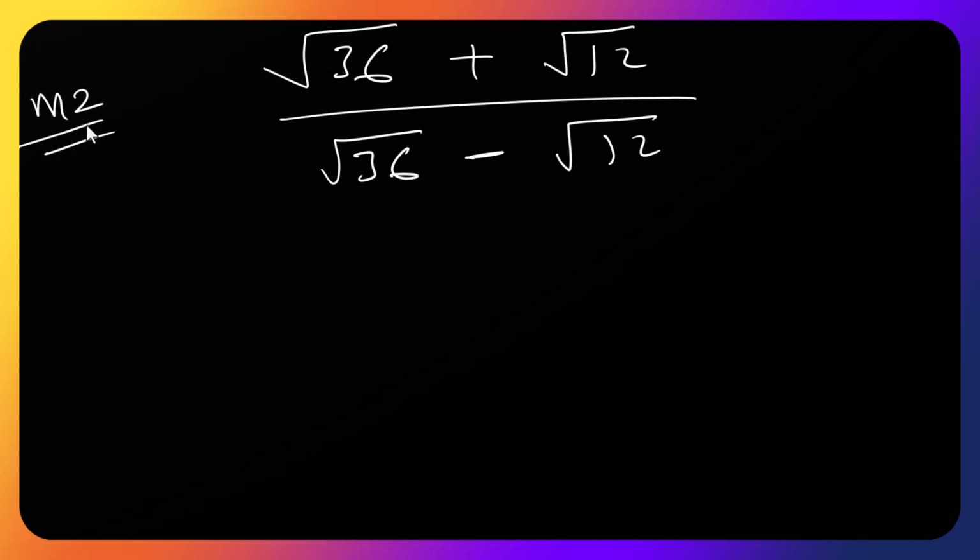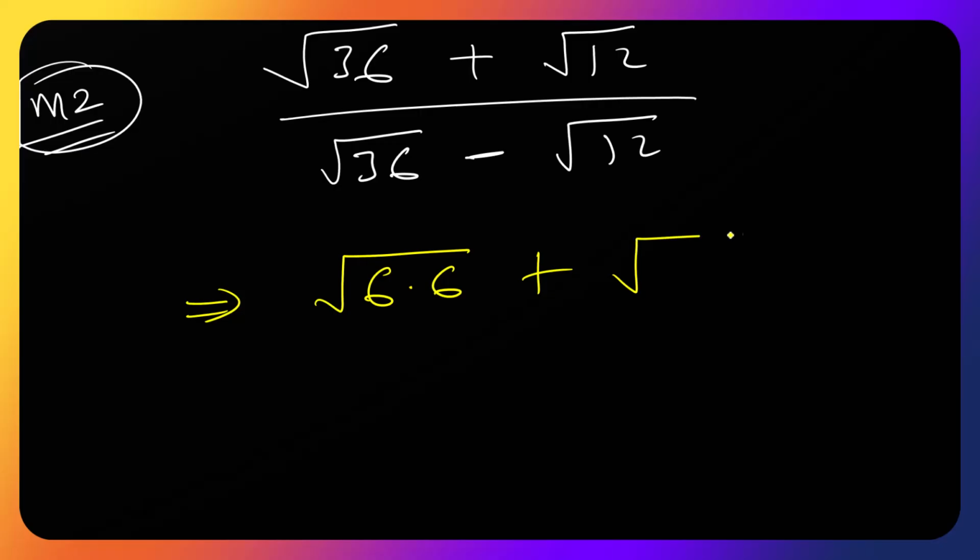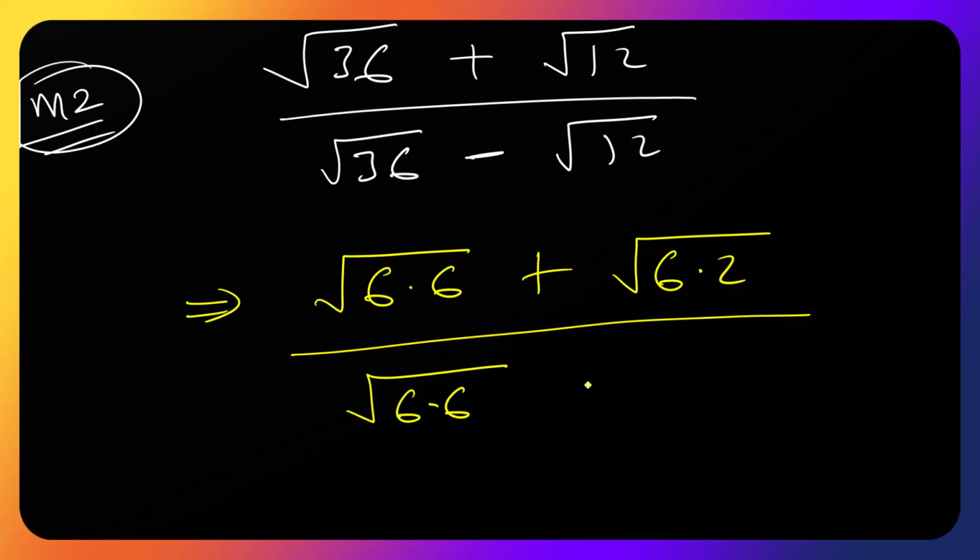This time I will not change this one to the exact value. I'll maintain this one, but since I'll get a common term here, I'll make it 6 times 6, that is 36, and this side is 6 times 2, 12.